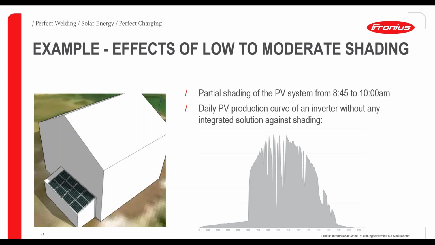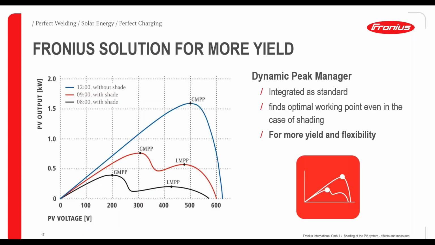Let's say we have here now an inverter without any integrated solution against shading. It's just a simple inverter and the PV generator connected. There we would see a major lack of production here, a major yield loss in the morning, in this time from 8:45 to 10 a.m. Now I want to explain a little bit the FRONIUS solution for more yield in this scenario.